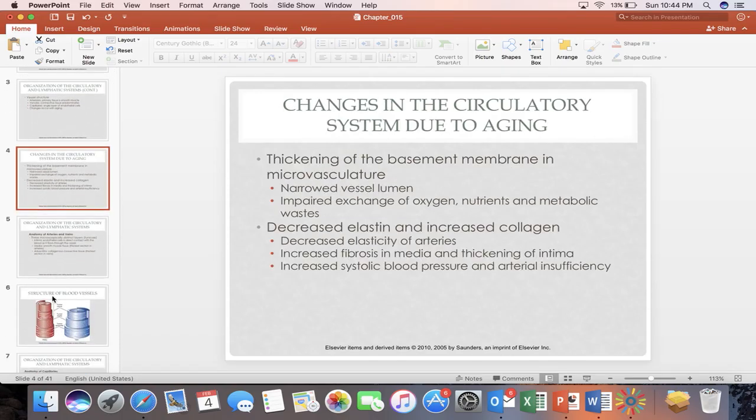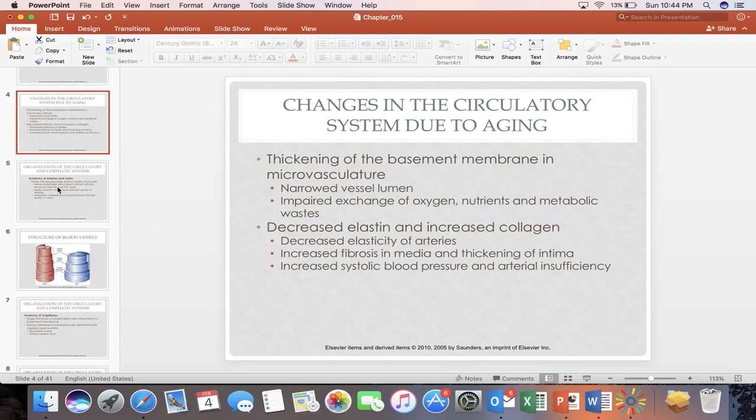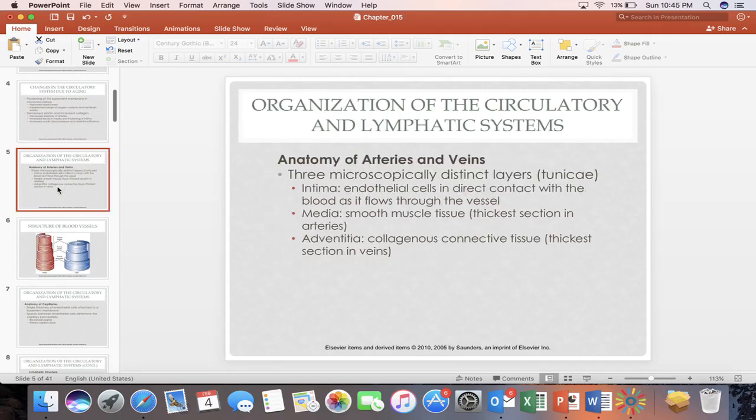So thickening of the basement membrane in microvasculature will cause narrowed vessel lumen and also impaired exchange of oxygen, nutrient, and metabolic waste. When you have decreased elastin and increased collagen, you will have a decrease in the elasticity of the arteries, increase in fibrosis in the media, and thickening of the intima, and you will also have an increase in systolic blood pressure and arterial insufficiency.